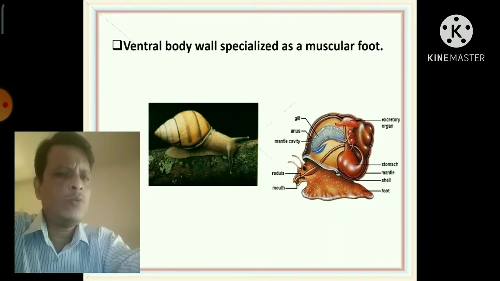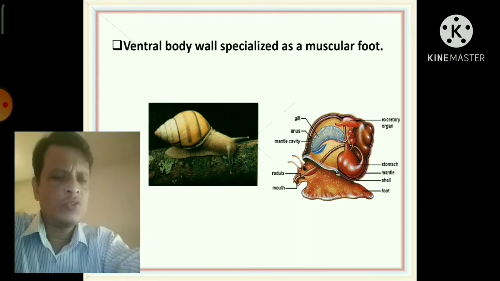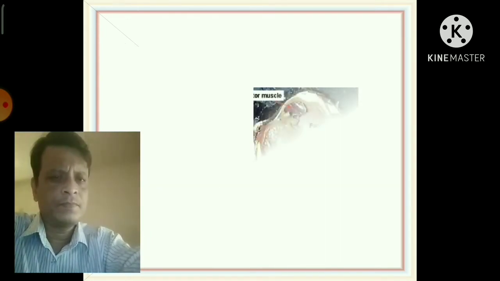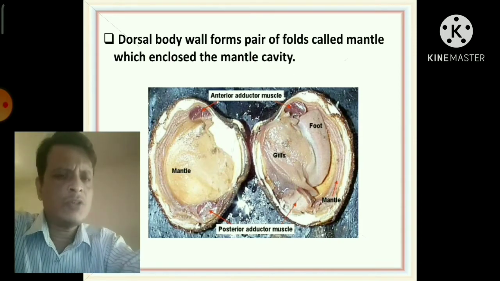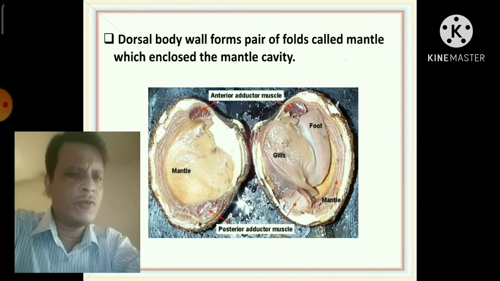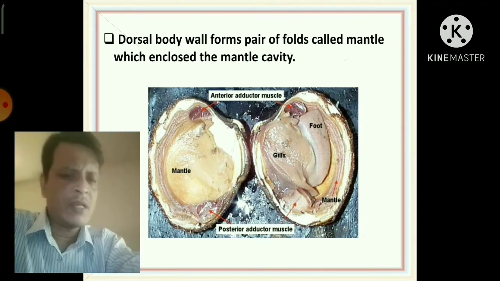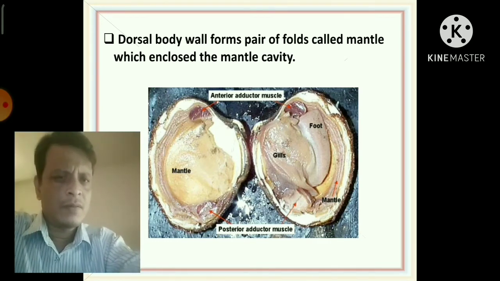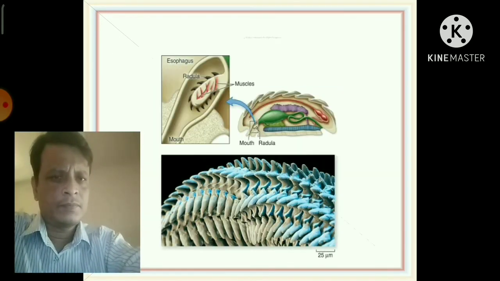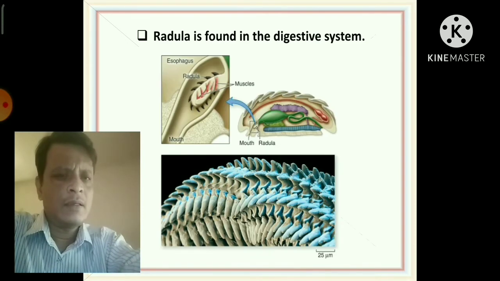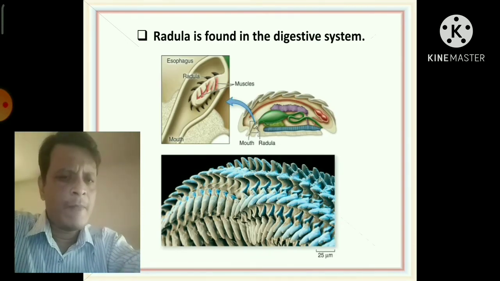The ventral body wall is specialized as a muscular foot. If you look at the figure here, this is the muscular foot which acts for locomotion or swimming. The dorsal body wall forms a pair of folds called the mantle, which enclose the mantle cavity. The radula is found in the digestive system.